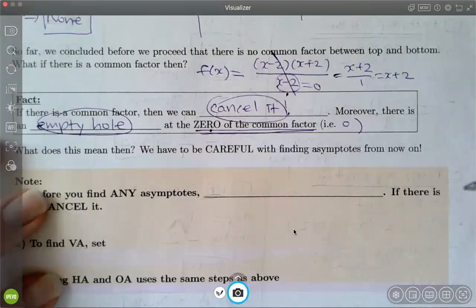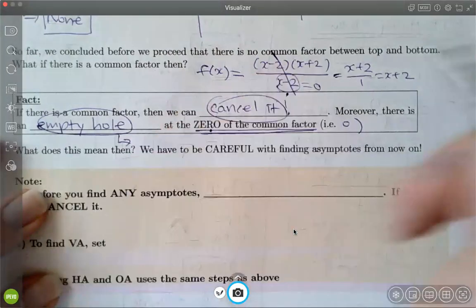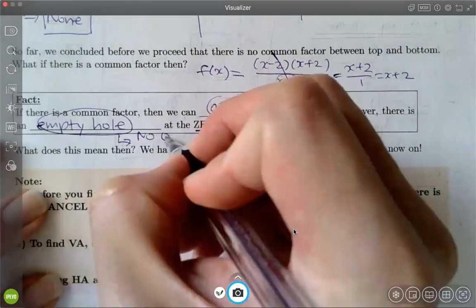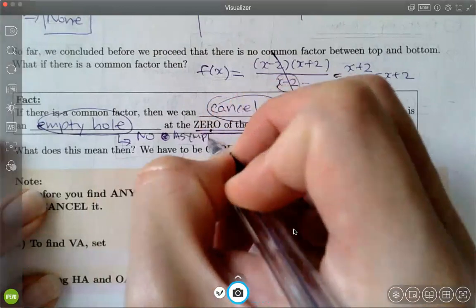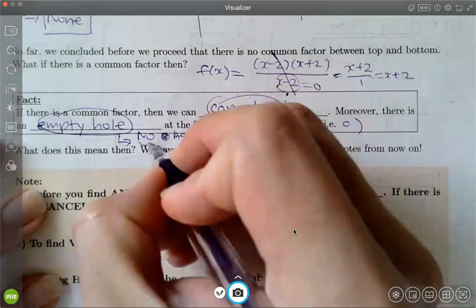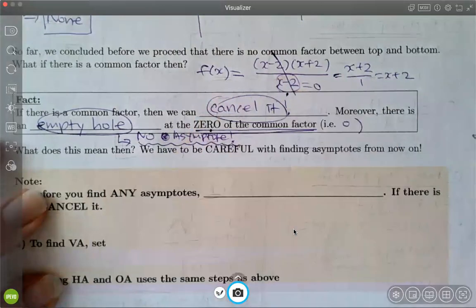And this means no asymptote at such canceled common factor. We just have an empty hole.